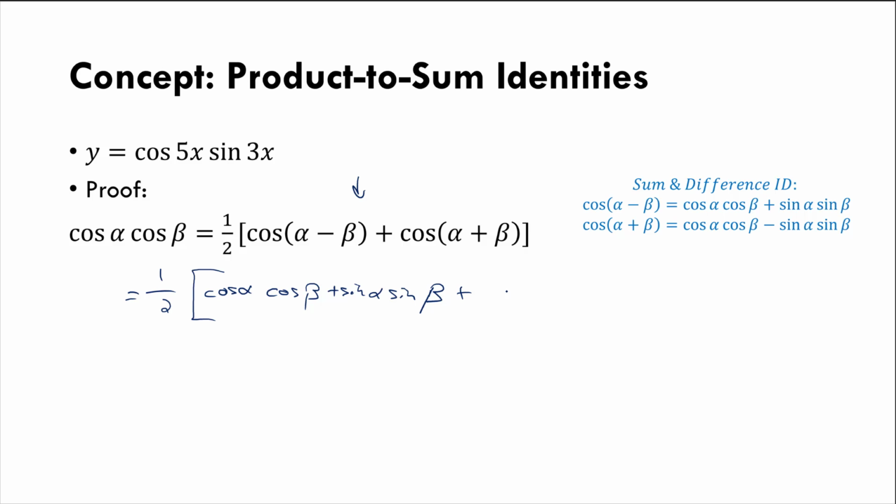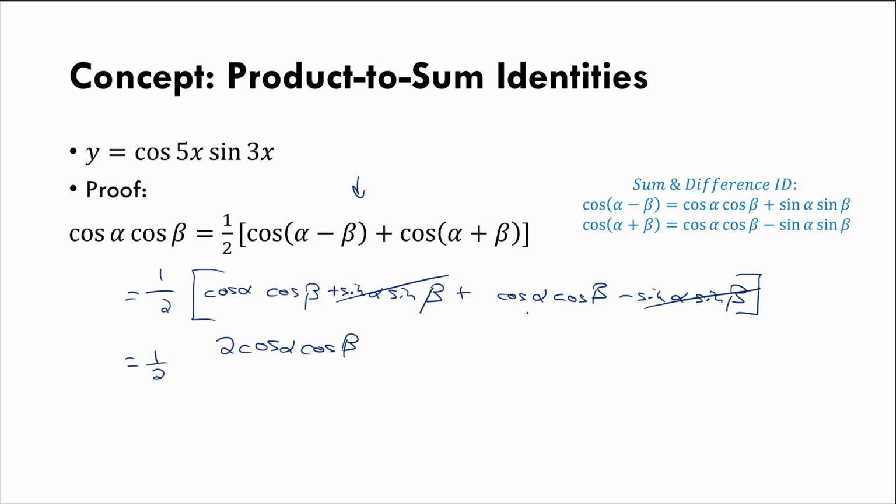Well, that's going to be cosine alpha cosine beta minus sine alpha sine beta. So I've got plus sine alpha sine beta and minus sine alpha sine beta, so those will cancel out, and I'm left with 1/2, and then I've got 2 cosine alpha cosine beta.